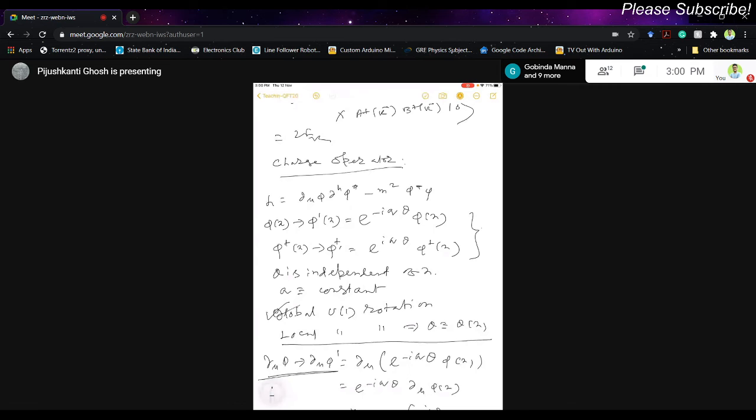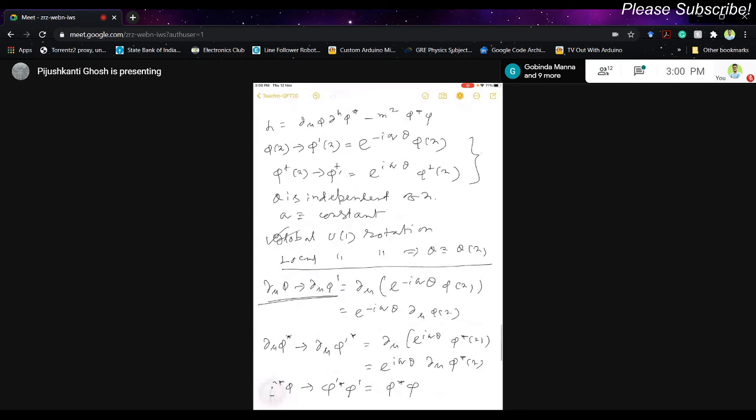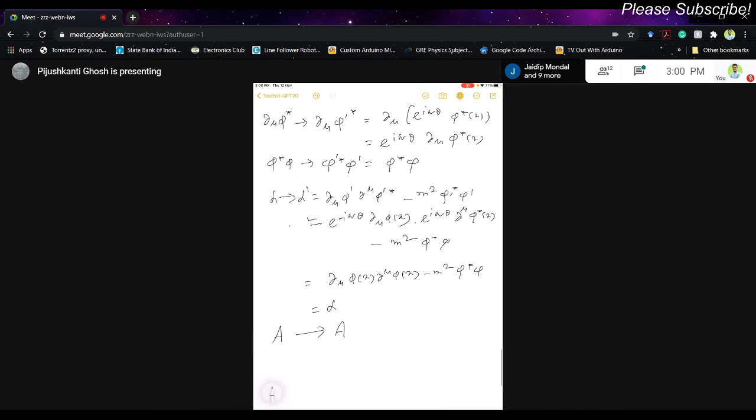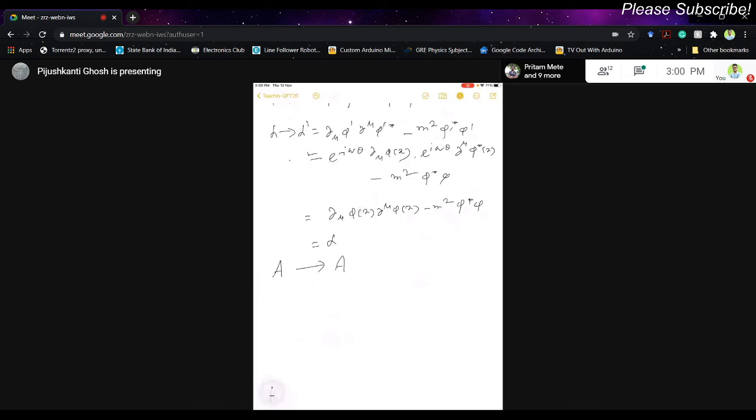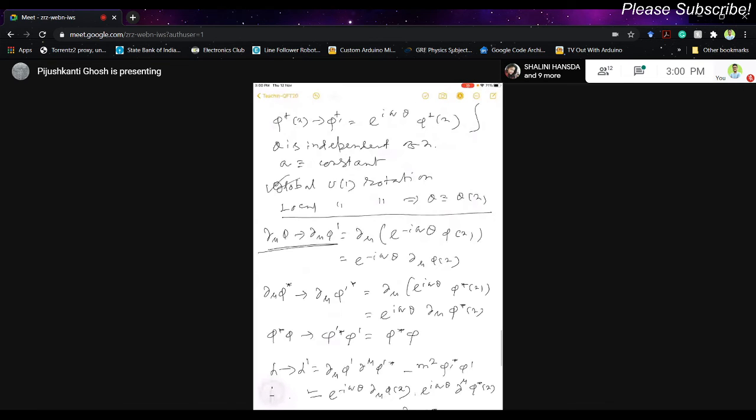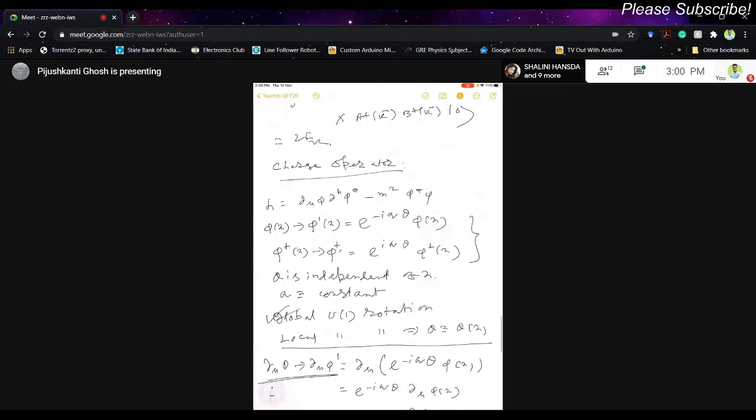This is a phase rotation. Then we see that lambda and lambda prime, lambda remains invariant. Similarly for the action. Now this transformation equivalently means, and this is also included in the homework that I told you to do repeatedly. I don't know whether you have done it or not.